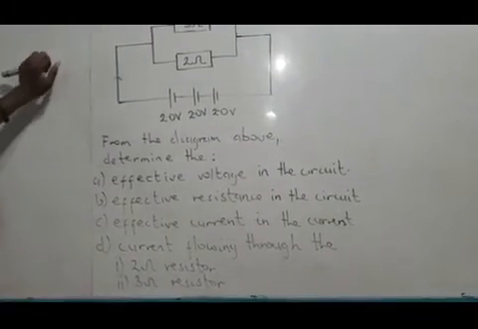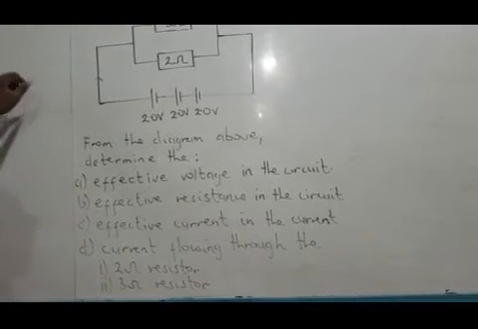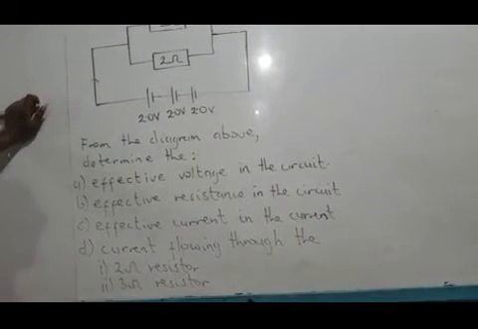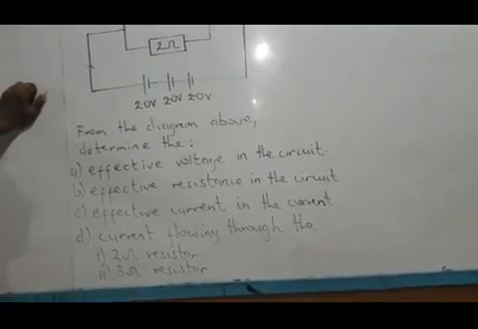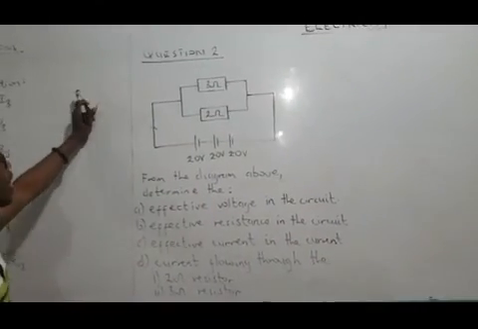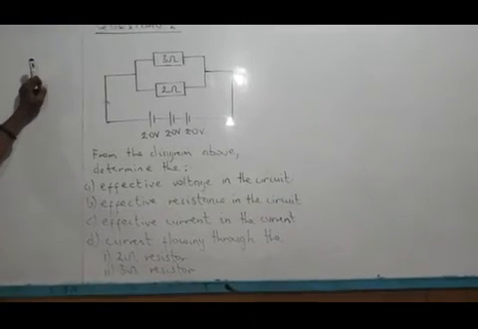We have this diagram, and then from the diagram we have to find the effective voltage, effective resistance, effective current, and the current flowing through each of the resistors. That's the 2 ohm resistor and then the 3 ohm resistor.